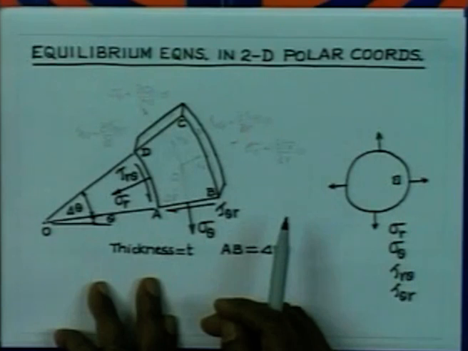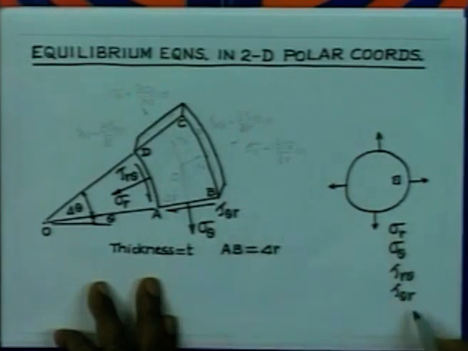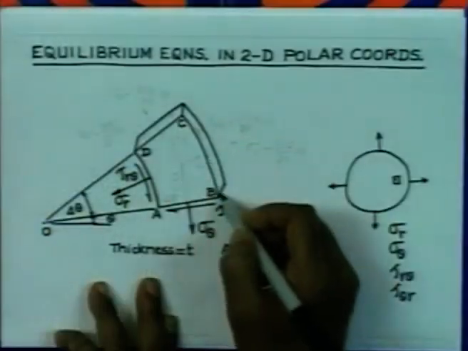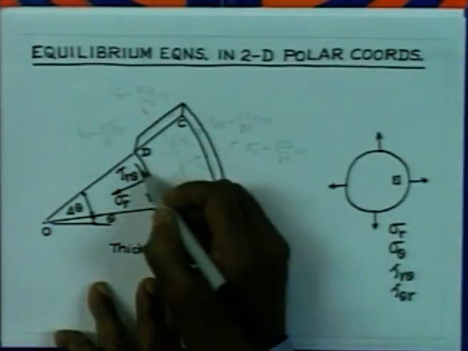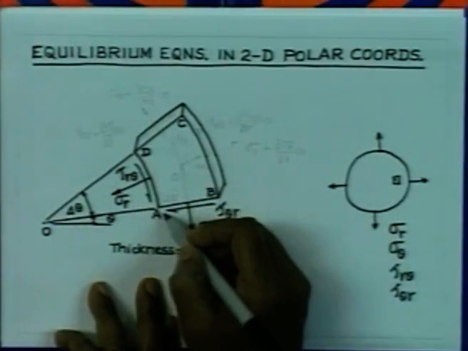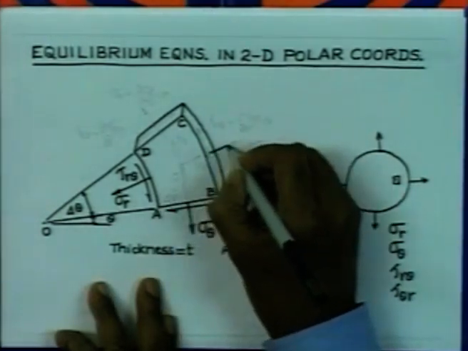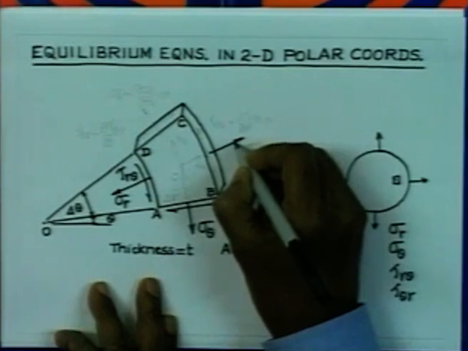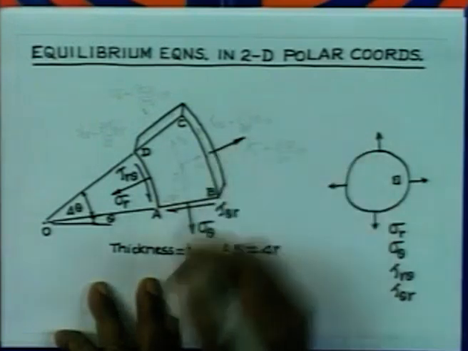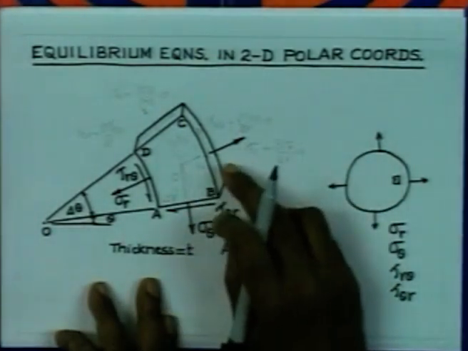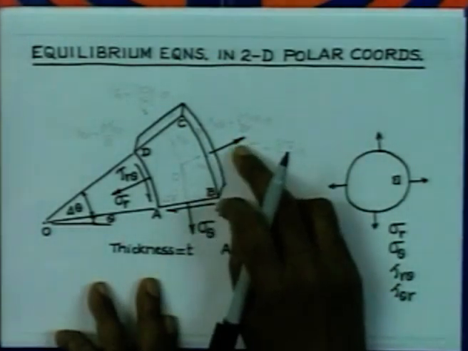If we consider that the stresses are continuous functions of r and theta within the body, then we can write the stress on the face BC starting from the stresses acting on the face AD. For example, we can write the normal stress acting here, which is in the radial direction r, therefore, the stress which is going to be normal to this face is nothing but sigma r.